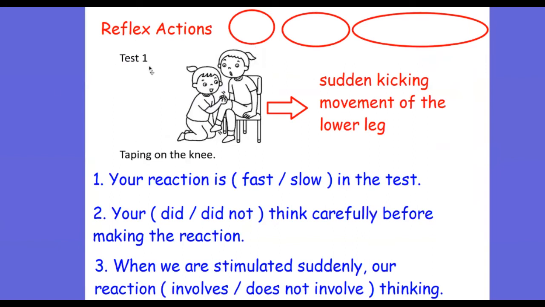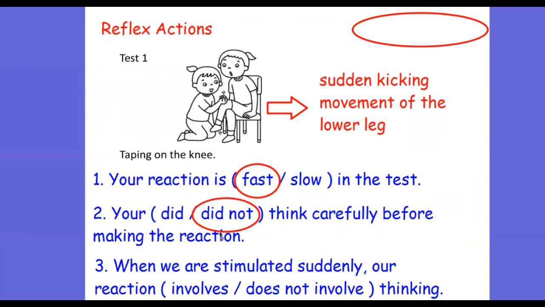Okay, so let's take a look at task 1, tapping on the knee. Tapping on the knee, we have a reflex action of sudden kicking movement of the lower leg. So this part will have a sudden kick. We move a bit. First of all, our reaction is very fast in the test. And then think about whether we think carefully before we make this action. The answer is no. We didn't even think about that before we make this reaction.